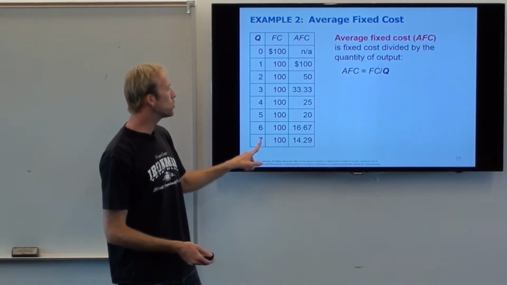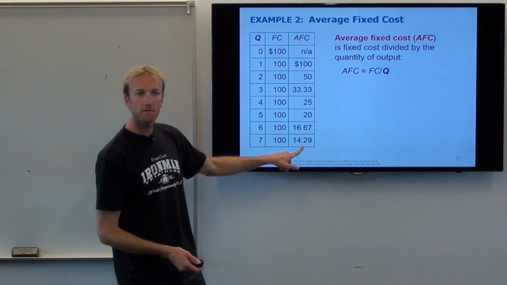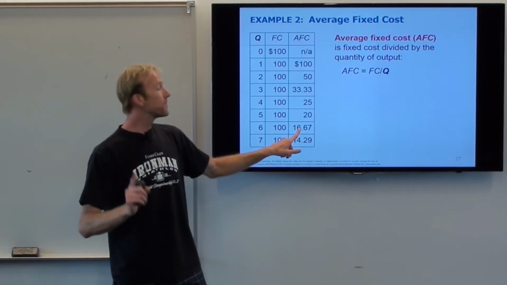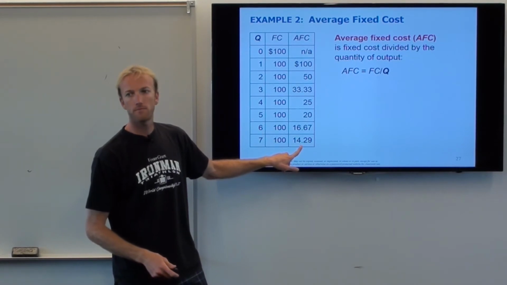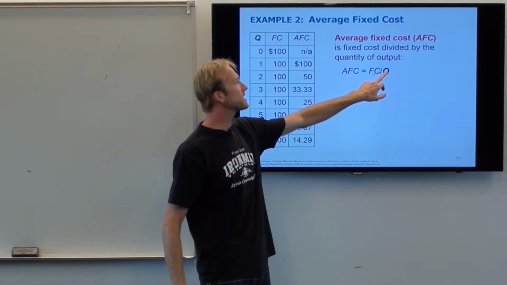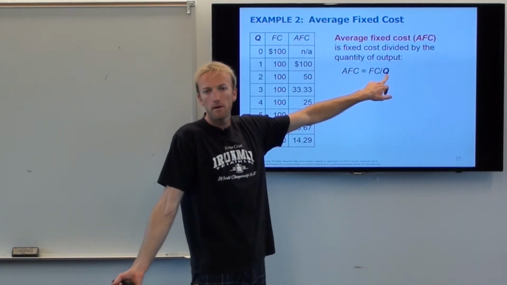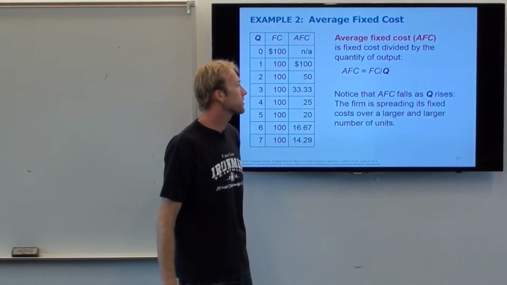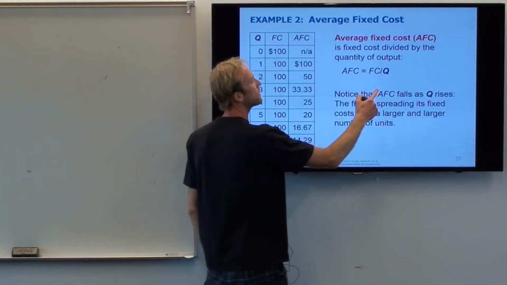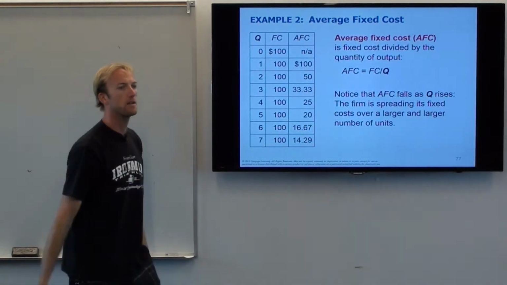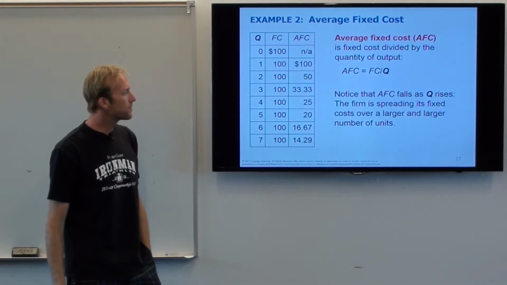And so as you produce more, what happens to the average fixed cost? It goes down. It always goes down. This one does not start going back up ever. Just because you have a fixed cost, this never changes, and then this number is always going up. So this divided by a number that is always going up is going to mean this cost is always going to go down. Okay? So average fixed cost always falls as Q goes up because of that relationship right there.